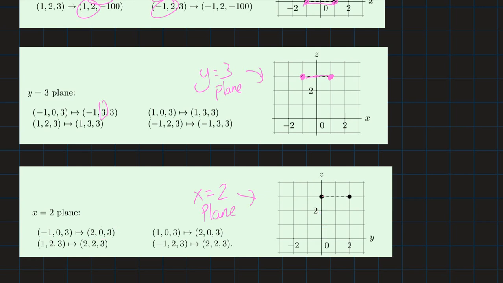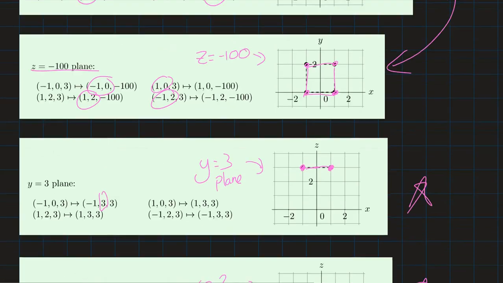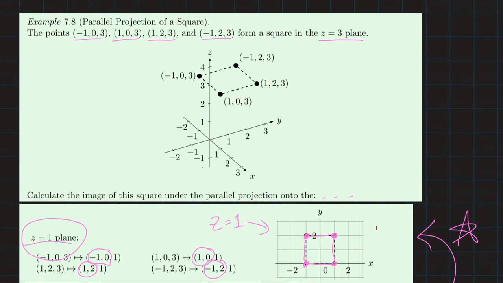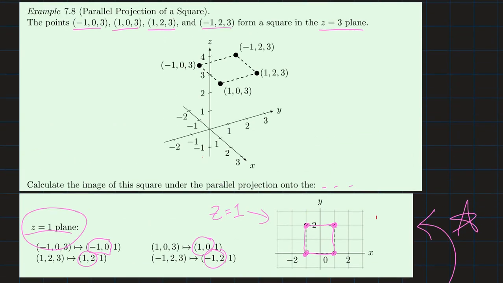This one, you're plotting (0, 3). This one, (2, 3). And finally, this one is also (2, 3). It's similar to what happens when you project onto the y plane, except it's a bit shifted now. All of these images are just different perspectives, different angles on the exact same square. That's the end of this example, and that's the end of this video.